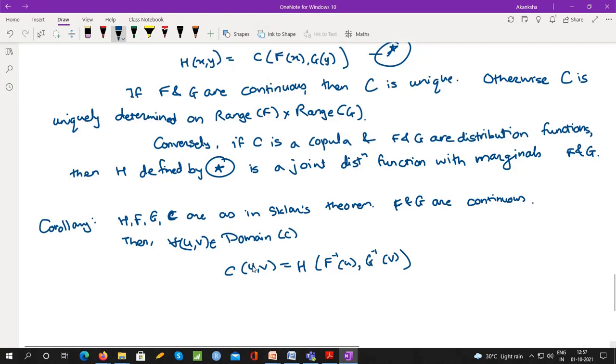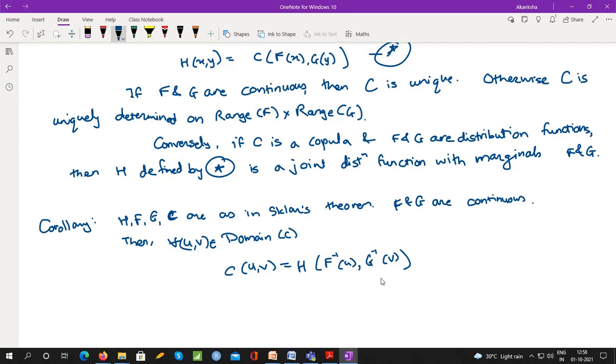So whatever is the argument of C, here the argument of C was F(x), so x was like F inverse of F(x), so we are doing exactly that. Whatever is the argument of C, we are taking F inverse of that, and for v we are taking G inverse, then C(u, v) is H of F inverse u, G inverse v. So basically this is similar to star, but now we can define it in terms of inverse also. And for defining inverse, we need the function to be continuous, because if you have a distribution function which has mass at certain points, then it won't be a 1-1 function, and then you can't define inverse properly.